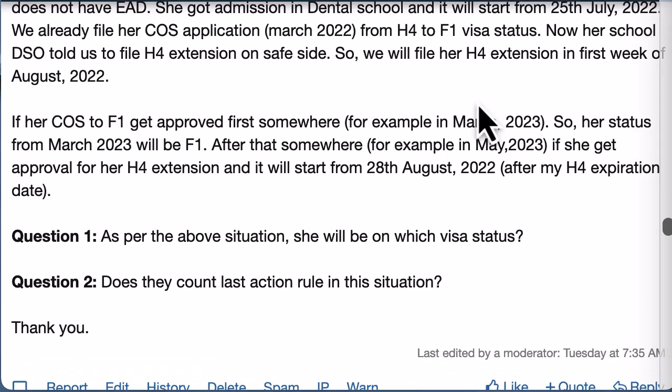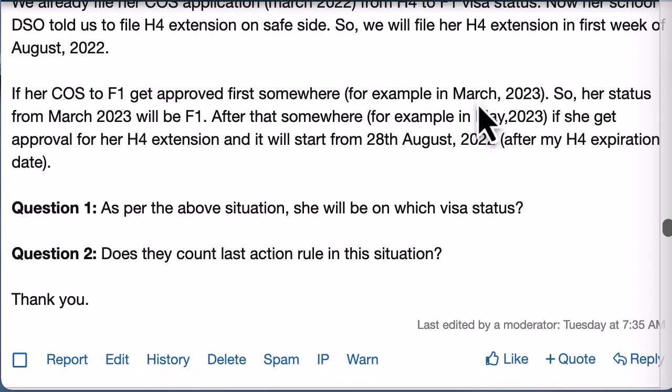Yeah, I think the last action rule becomes a problem, because you filed for F1 change of status, then you filed for H4 extension. If the F1 gets approved first and H4 later, she'll be back on H4. But I think the easiest thing to do would be to file for the H4 extension and be prepared to withdraw it as soon as the F1 is approved.